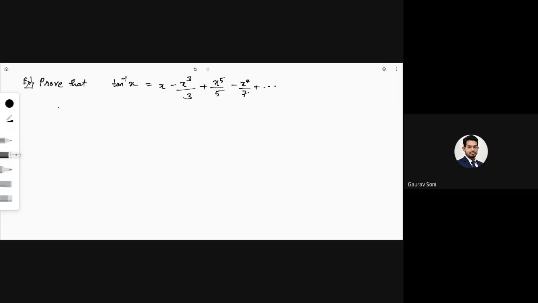Okay, so y is equal to tan inverse of x. So dy by dx will be d by dx of tan inverse x. We know that the derivative of tan inverse of x is 1 upon 1 plus x square.